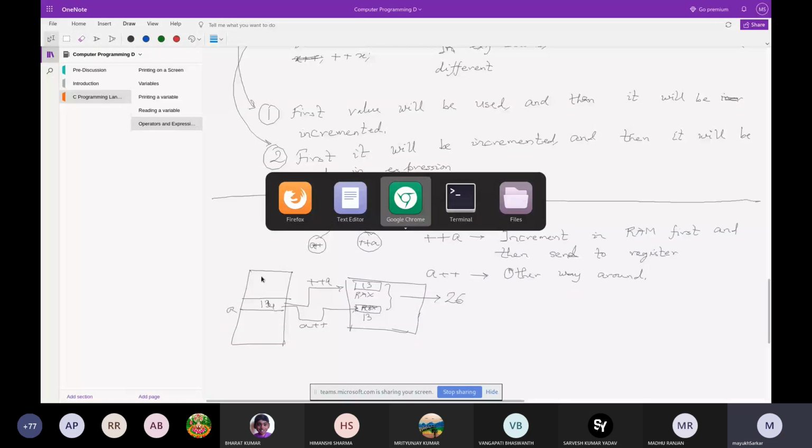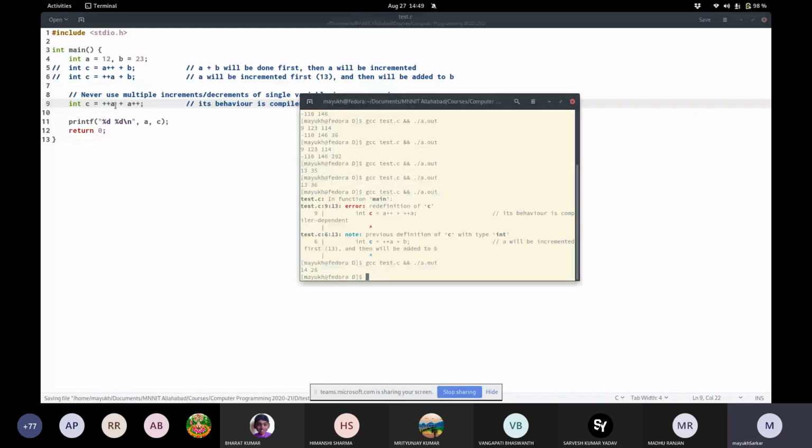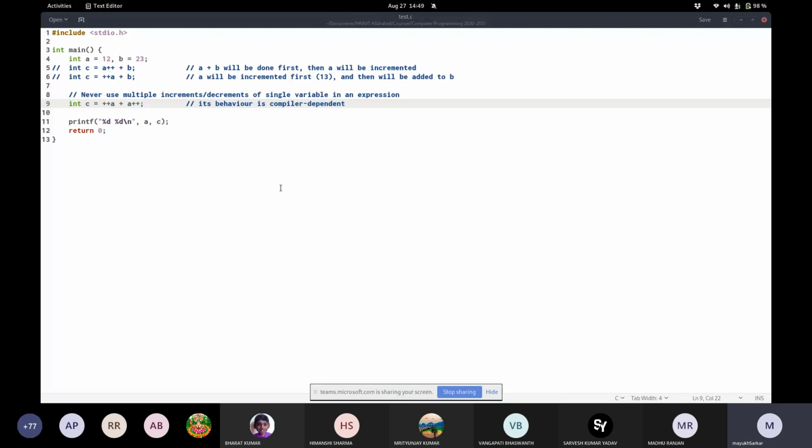Whereas if we would do the other way around, say plus plus a, it's 27. Well, anyway, I'll have to check what code the compiler generated. Because in my logic it would have 25, but somehow it is generating 27.